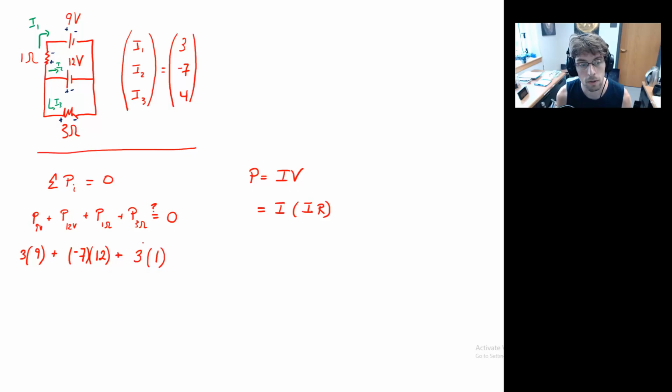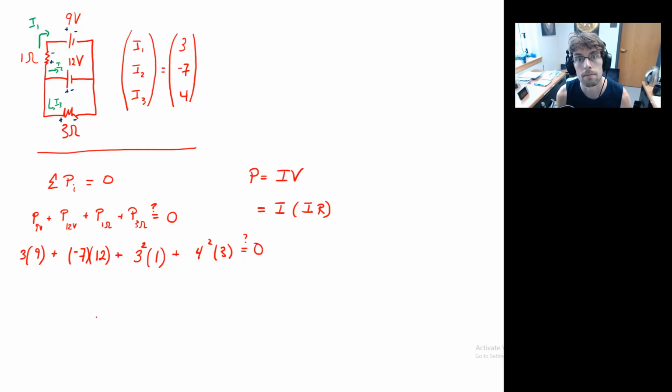So I need to square the current and multiply by the resistance. Same idea for I3. Again, it's entering the high side, so I keep that positive sign. I3 is a value of 4 amps, and I have a resistance of 3. And the question is, does that whole thing equal 0?